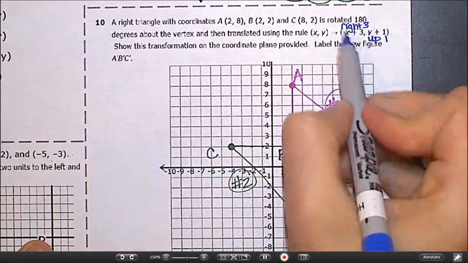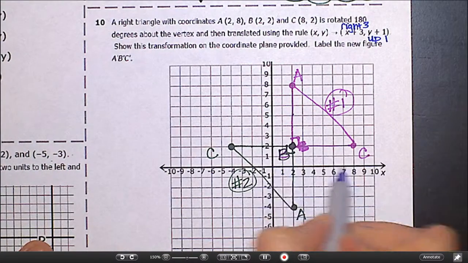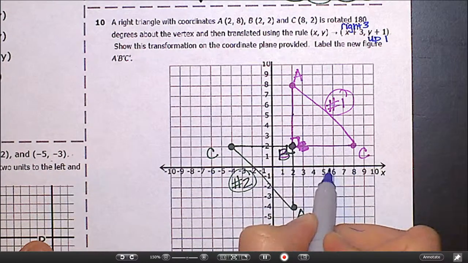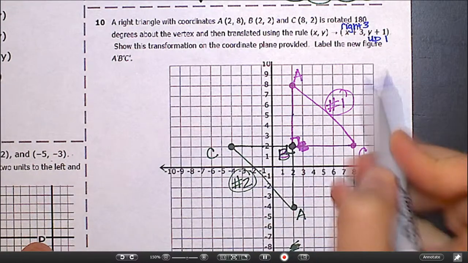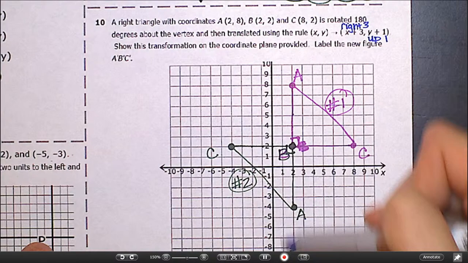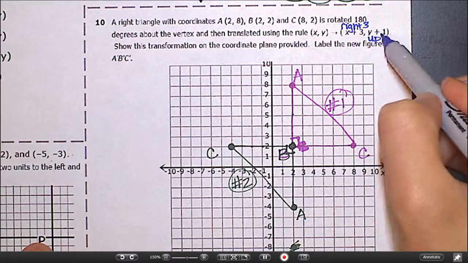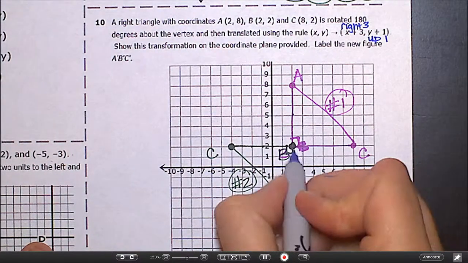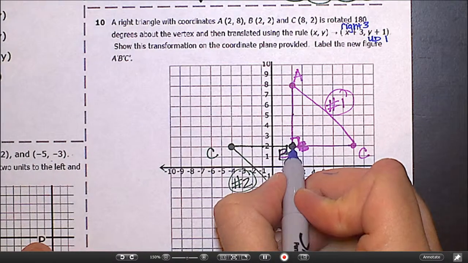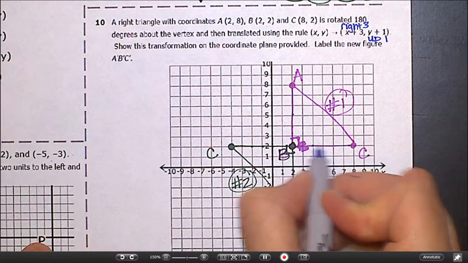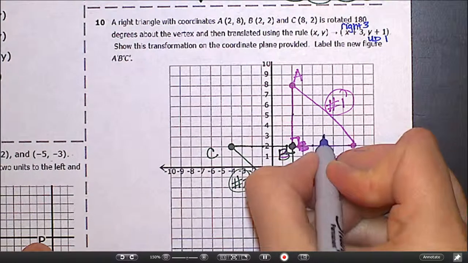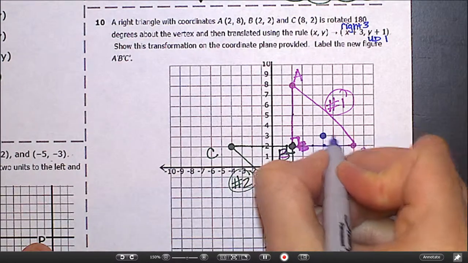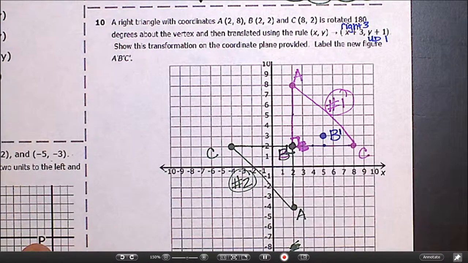And I know that x means right because x has to go left or right. And it's plus 3, so it's going to go to the right. And y is my up and down. And up 1 would be positive 1, or plus 1. So, right 3, so I'm going to start right here. Go 1, 2, 3, up 1. And here we have B prime.